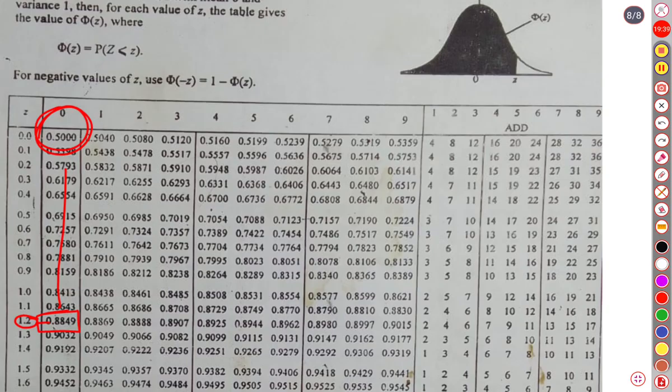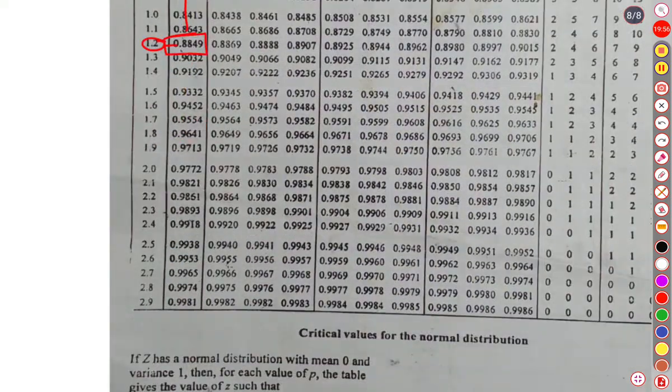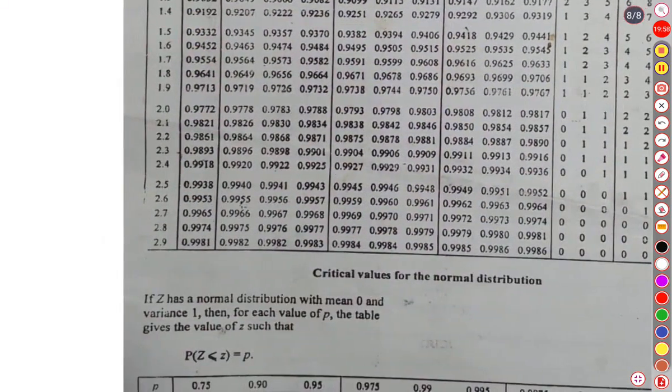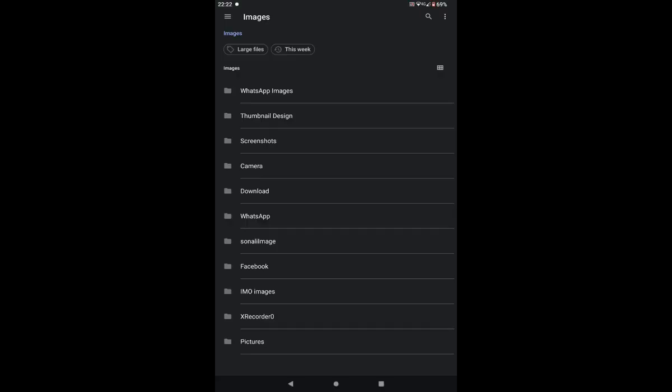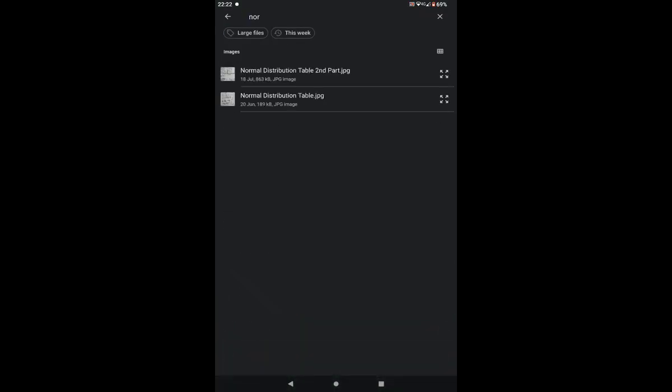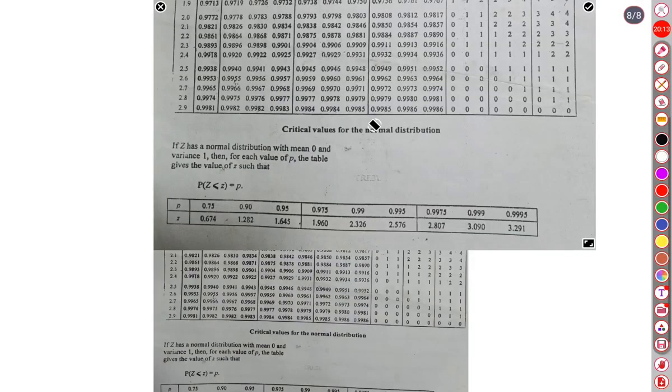Instead of 0.25, we have found the probability of 0.75. Now let's see what is the corresponding. We actually require the probability, not the z-score. So for the z-score, we will have to take one more worksheet. Let me see, does it have the lower part? The lower part is not clear over here. I am going to show you from the next image. It is normal distribution, first one. Yes.